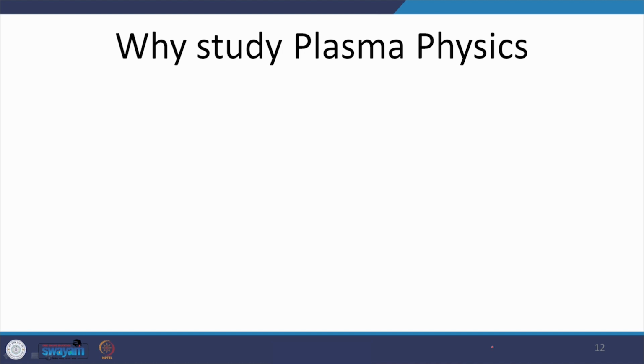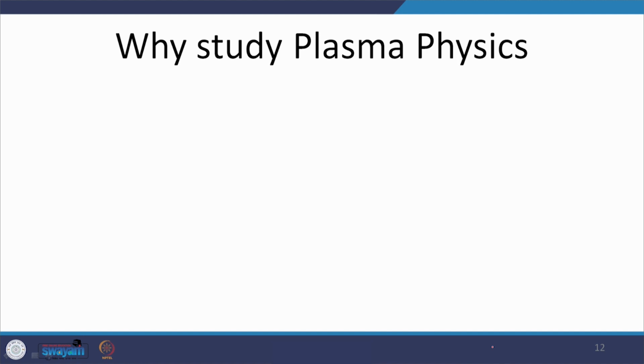So, why do we study plasma? What is the importance of plasma in today's science and technology? Plasma has come a very long way since its humble beginnings, but there is still a lot that we do not know in plasma physics, how things function in plasma.